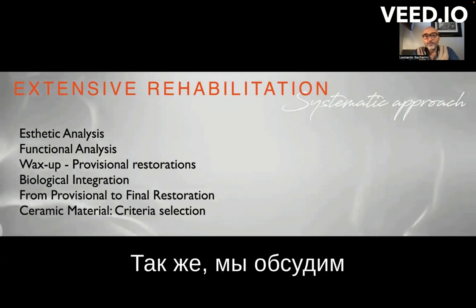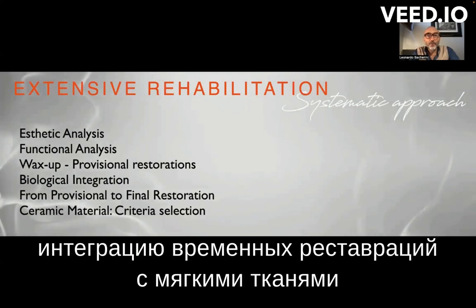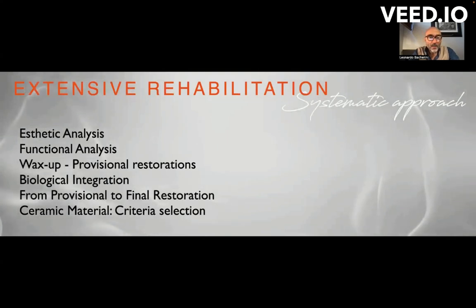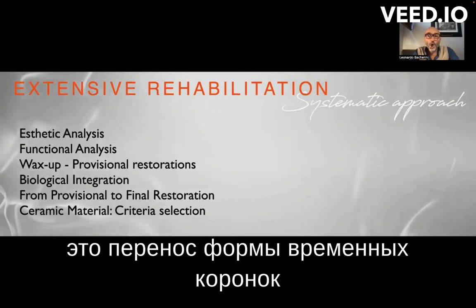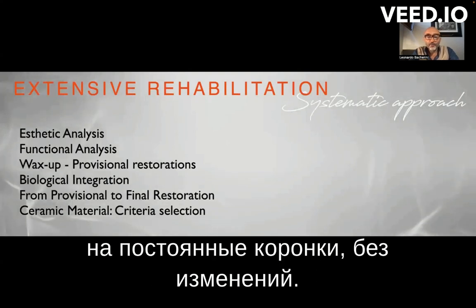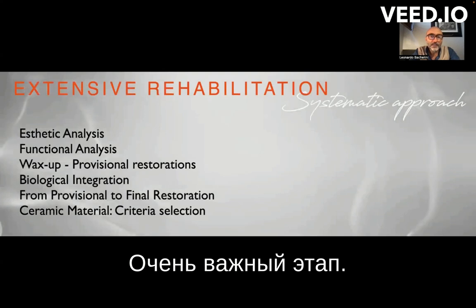Then we will speak about how to integrate the provisional restoration with the tissue, with the stomatognathic system. At a certain point, a very important step is the copy of the provisional, to transform the provisional into the final restoration. Very important step.